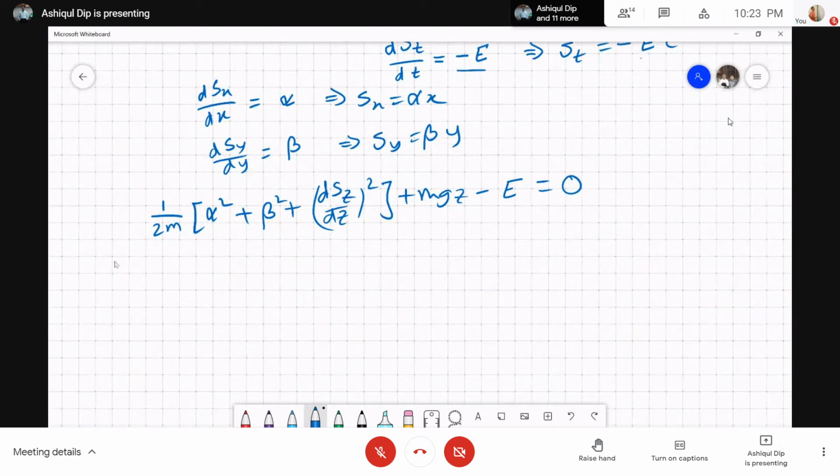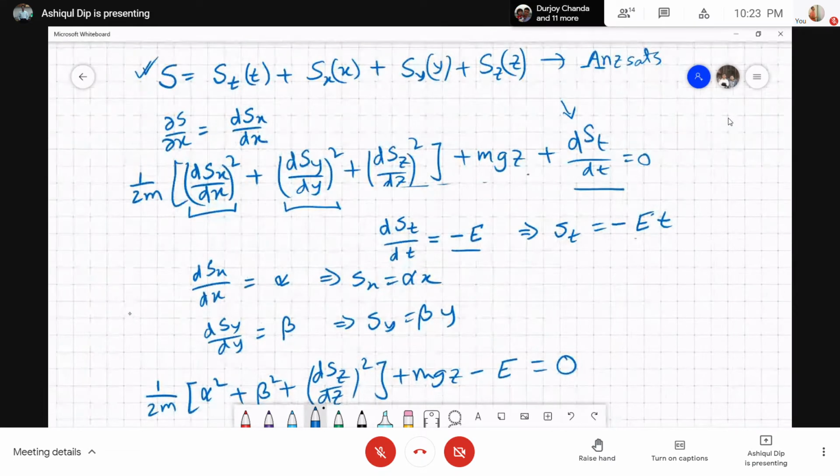Now, why is this dSx by dx equal to alpha, a constant? Because the only x dependence is here. This term is only y dependent, and this term is only z dependent, right? If you change your x a little bit, dSx over dx can only depend on x, because by definition Sx is a function of x only.